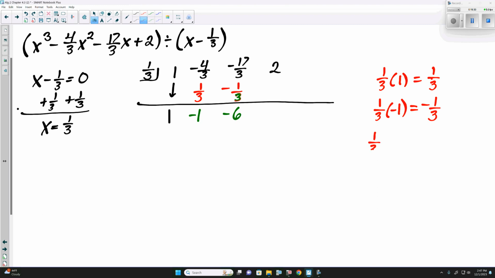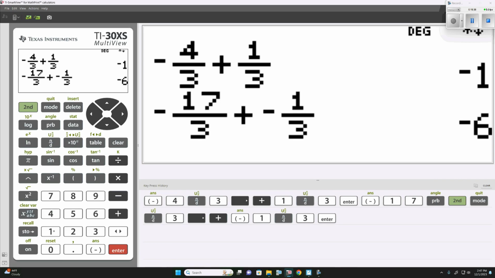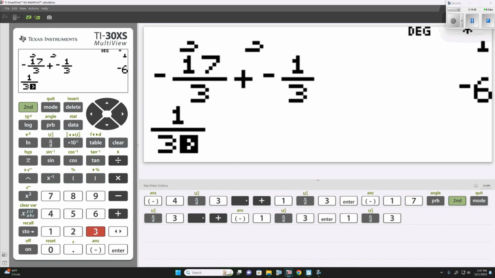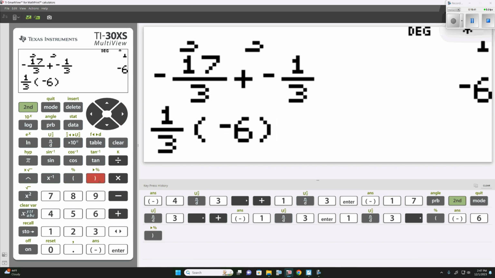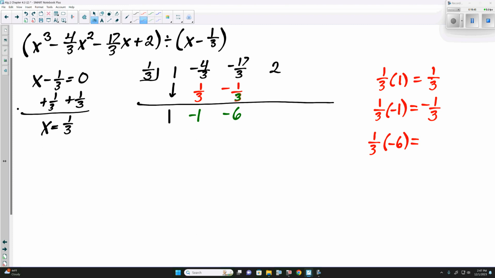And then the last multiplication we need to do is 1/3 times -6, which is -2. All the ones we've done up to that point, it's kind of easy to do by hand because we're just multiplying with 1. And our last one, 2 plus -2 is 0.